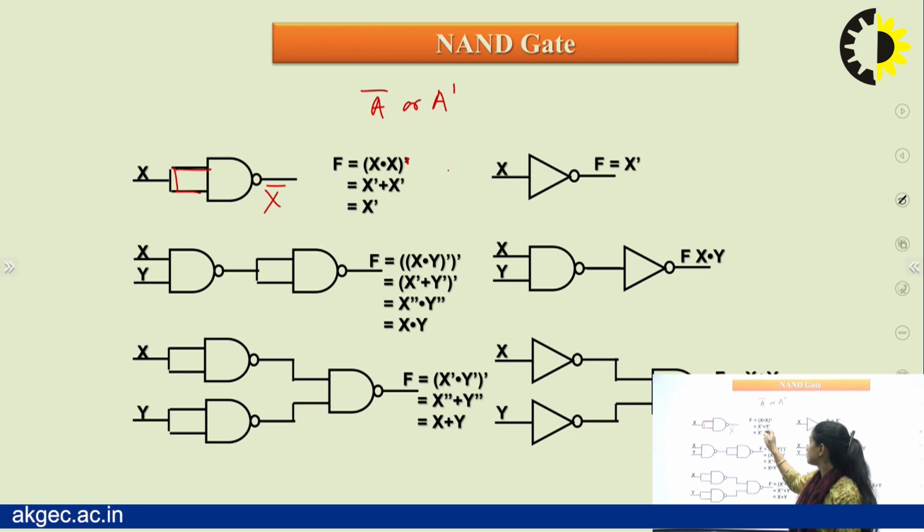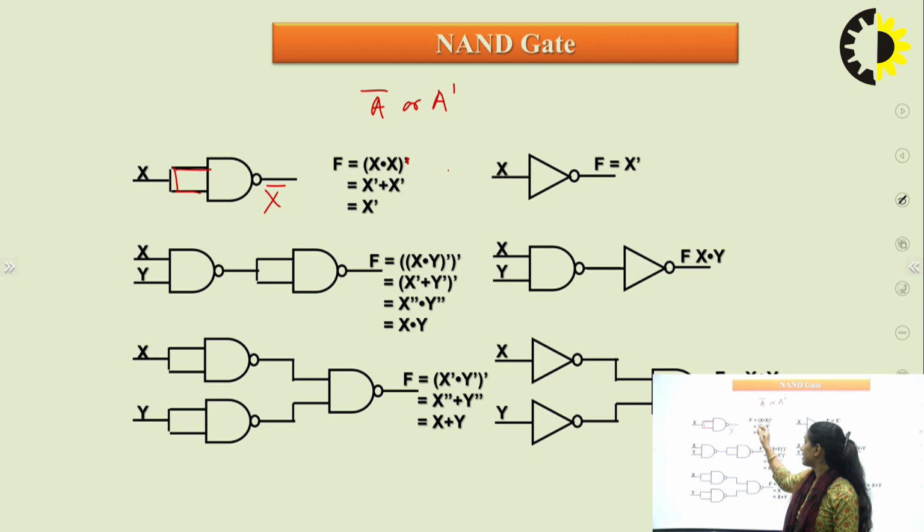Using De Morgan's law, I know that A dot A whole bar is A bar plus A bar, and we know that A plus A is A. So what do I get? X bar. Input was X, output is X bar, which is the logical operation followed by a NOT gate. Hence I can make a NOT gate using a NAND gate.